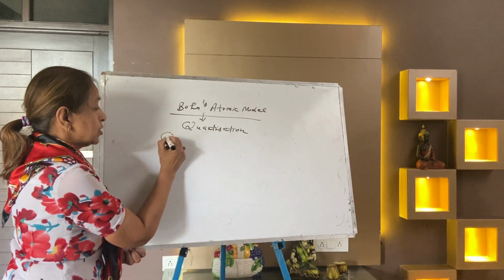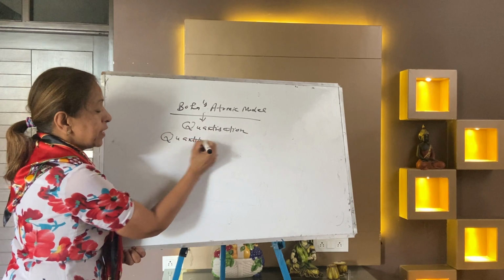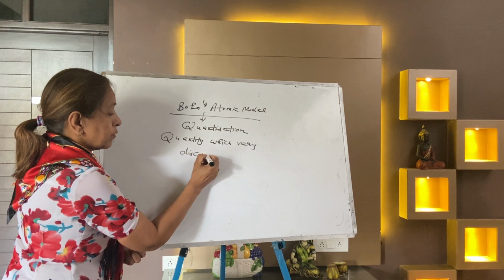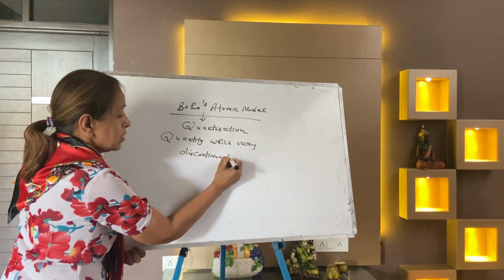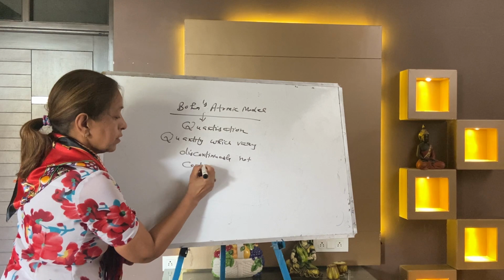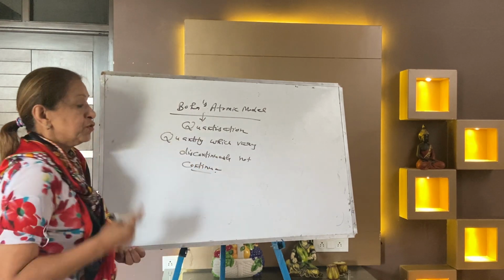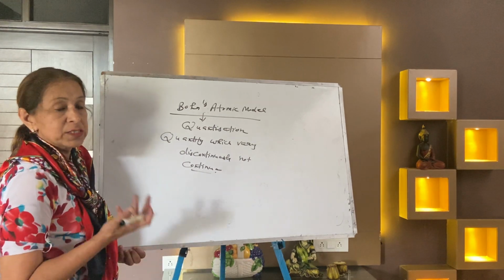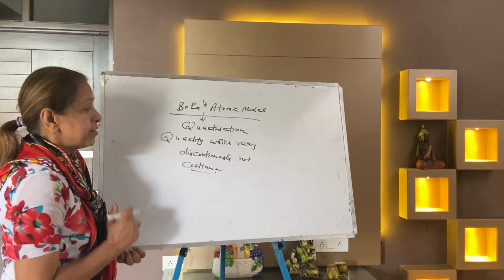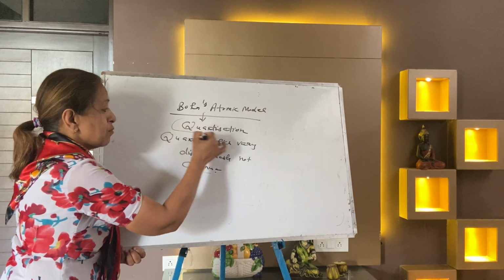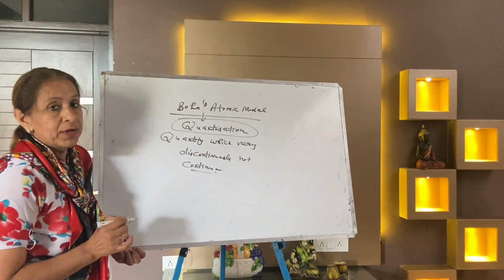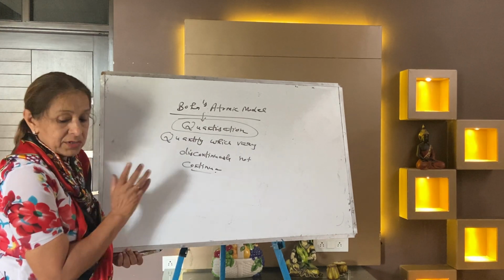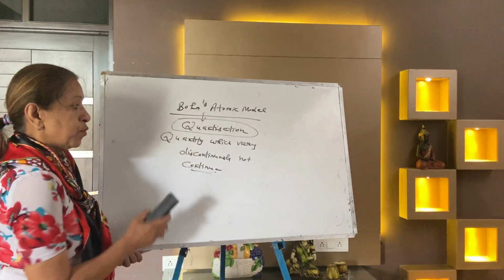Quantization is a quantity which varies discontinuously, not continuously. In my last lecture I explained what is meant by continuous and discontinuous. So Bohr's atomic model is based upon quantization, but the Rutherford model is not. This is the main difference between Rutherford and Bohr's model.